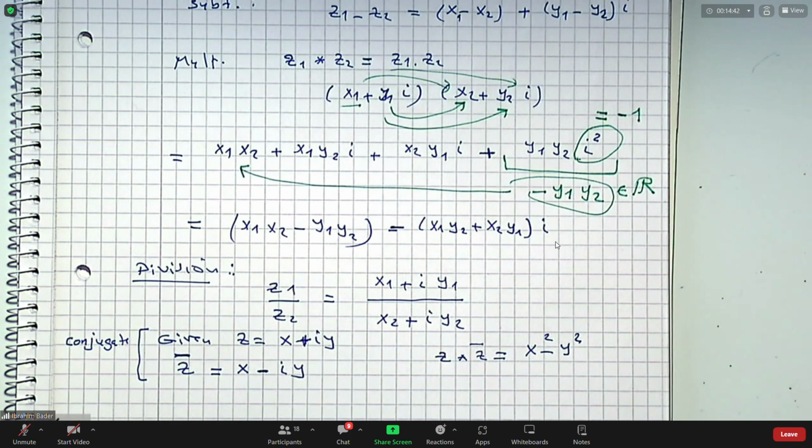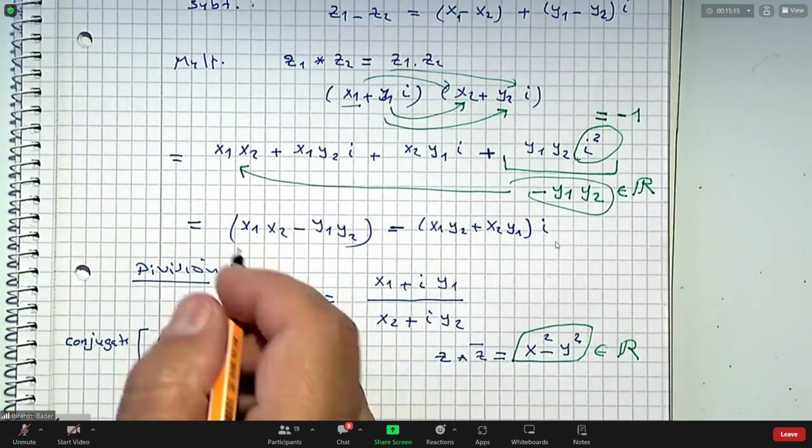And this is a very nice feature, because if I multiply a complex number with its conjugate, I will be getting a real number. Okay, I hope this is clear for everyone: what the conjugate of a number is and why it has a nice feature. And this trick I'm going to use with the division.